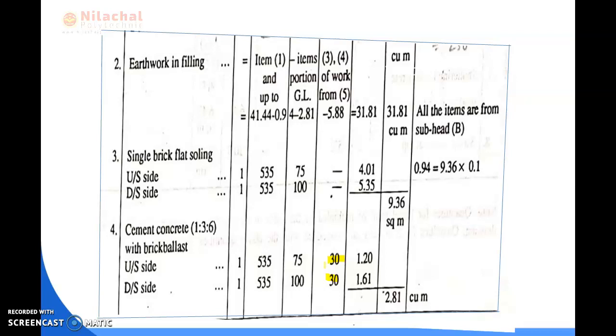The total value for the upstream side is 1.20. For the downstream side the cement concrete length is 5.35 meter, breadth 100 centimeter is 1.00 meter, and height is 0.30 meter. Then we get the quantity 1.61. The total value of cement concrete is 2.81 cubic meter.